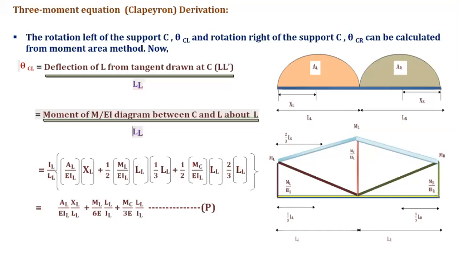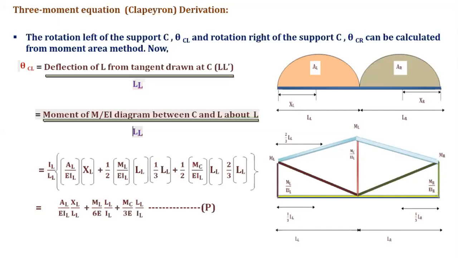The same procedure we will adopt in the calculations of the problems. In these cases, I request all the members: XL is measured from the outside. I repeatedly mention XL is measured from the outside of the left span. XR is measured from the outside of the right span.